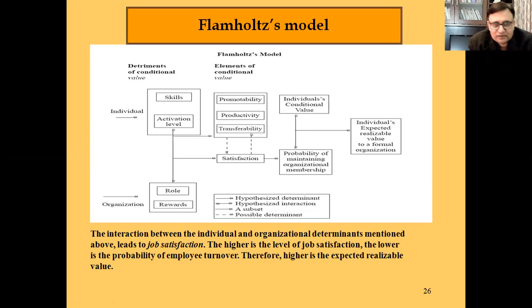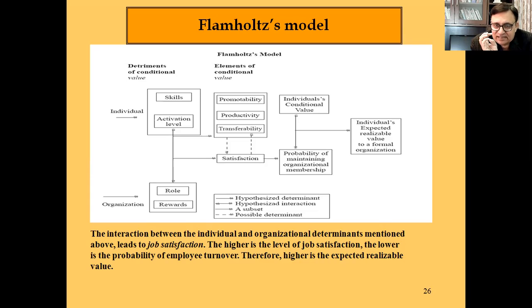So the Flamholtz model says that when you have to find out the economic value of the person in the future, the present value of the economic value which the person is going to provide to the organization will depend upon the individual factors. Conditional value will be set on the individual factors, that is his skill and activation level.